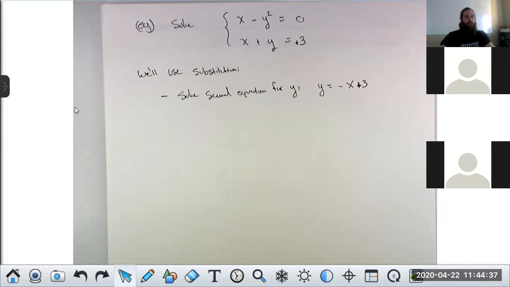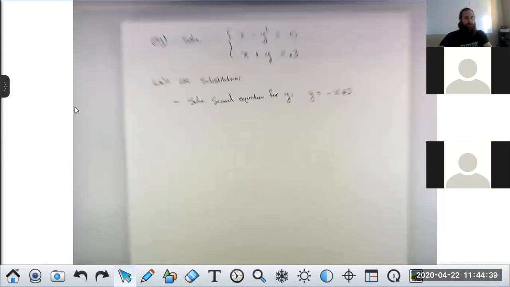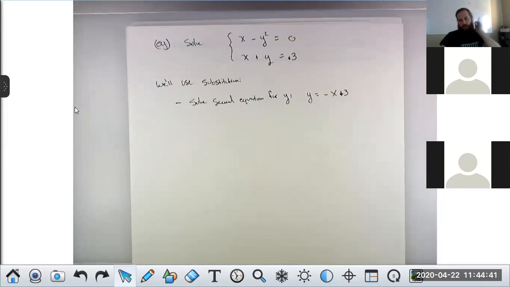All right. So we're going to substitute. My system is x minus y squared equals 0 and x plus y equals 3. If I take the second equation and I solve it for y, that means I'm going to subtract x from both sides. I get y equals negative x plus 3.